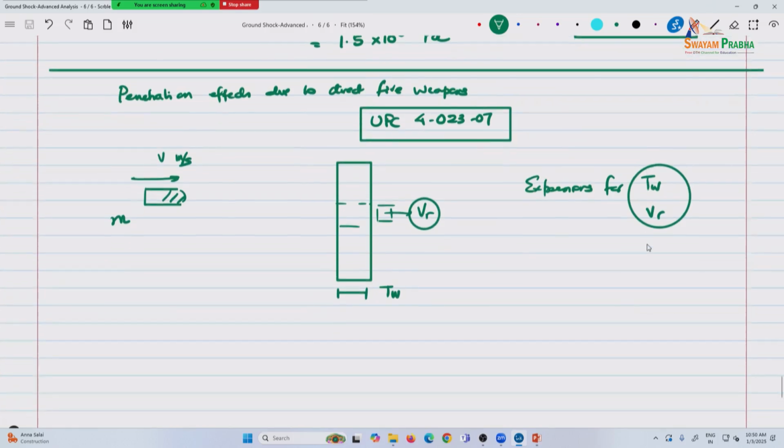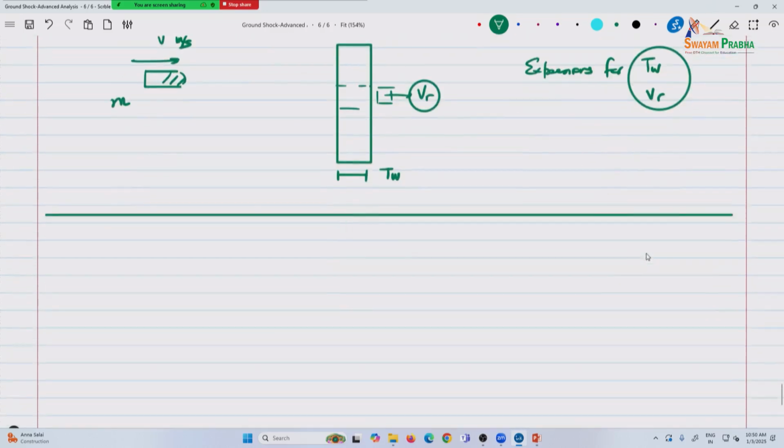But I'll give an idea of advanced analyses. So, the analysis types. Of course, the first is analytical expressions.